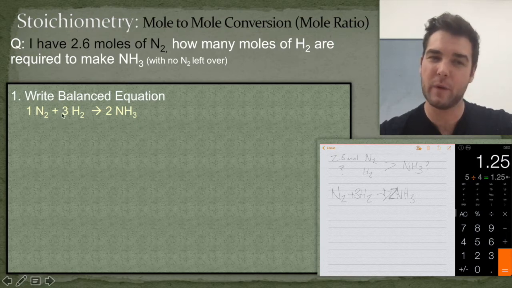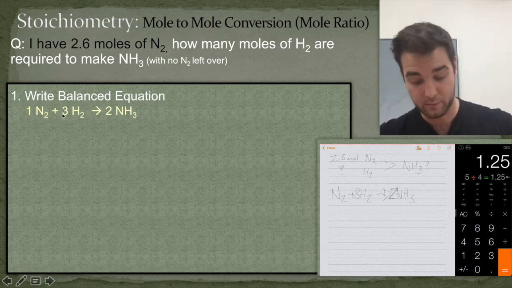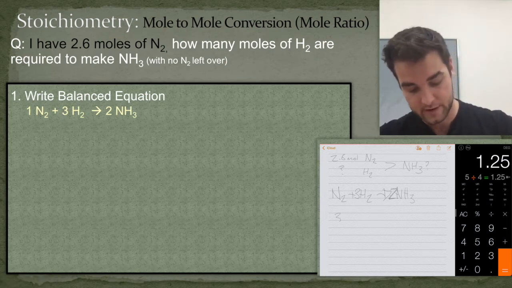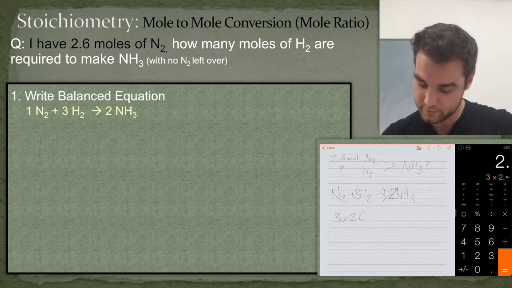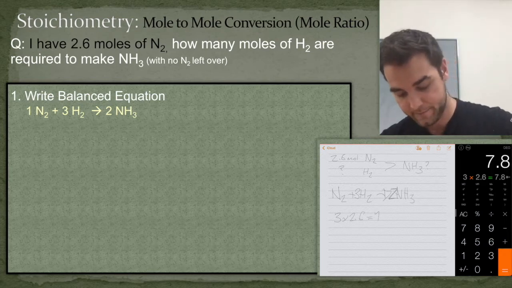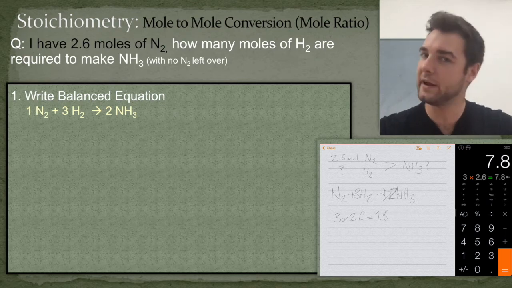So hydrogen is always 3 times more. There's a quick and easy way to do this. You can probably do it in your head: 3 times 2.6 gives us 7.8. And this will get you by for now.